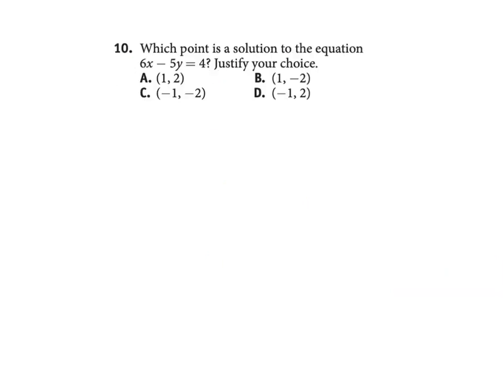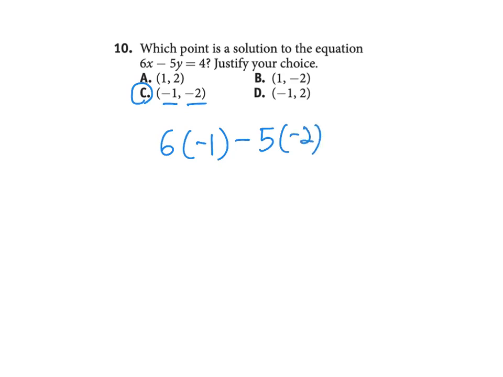All right, number 10. I'm sure you tried to substitute those points in order to find which one is the answer. I'm not going to go over every single point, but I'm going to show the answer. So the answer is C. I'm going to plug in -1 for x and -2 for y. So 6 times -1 minus 5 times -2.